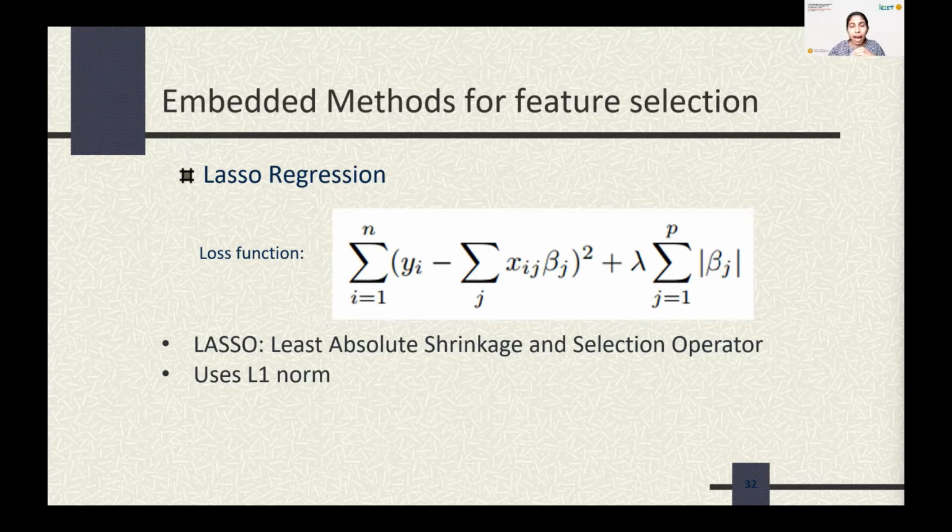And lambda is a hyperparameter. It's not a parameter that we optimize for, whereas beta is a parameter. It's something we estimate in model training, but lambda is a hyperparameter. That is something we have to decide before running the lasso regression.